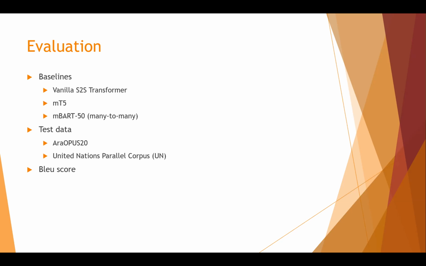For the final evaluation, we evaluated on the dev and test sets of ARA Opus 20, and also the dev and test sets from the United Nations Parallel Corpus, and we use the BLEU score as the evaluation metric. We select the best epoch based on the dev set from our Opus 20.